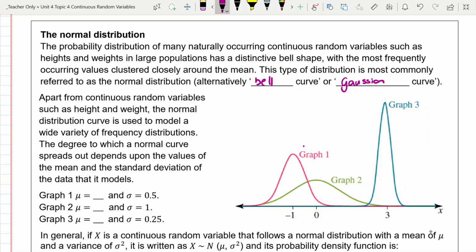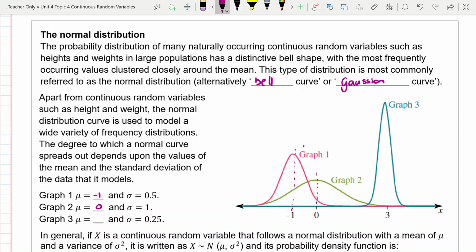Depending on how spread out it is, that will give you your mean and your standard deviation. If we have a look at graph 1 over here, you'll see that your mean is at -1, and our standard deviation is approximately 0.5. If we look at graph 2, our mean there is 0.